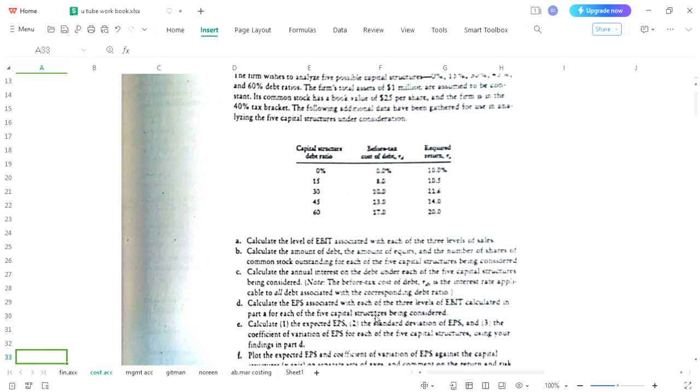Instead of solving A, B, C, D in this way, we will make an income statement for each option given in the previous part of the question. We will calculate EBIT, interest, tax, and net earning, so requirements A, B, C will be fulfilled, and at the same stage we will calculate our EPS as well.